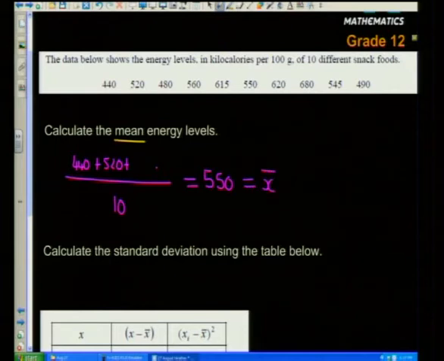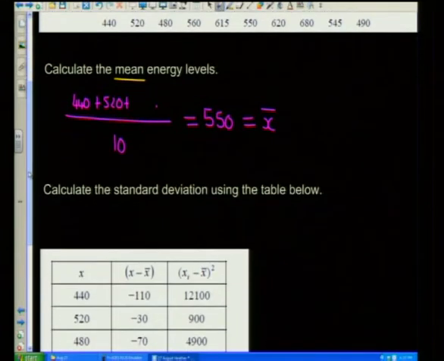Okay? Right, moving on. It says calculate the standard deviation, but using the table below.